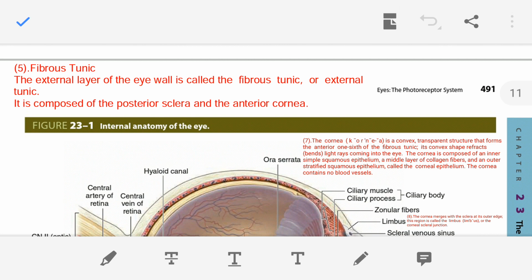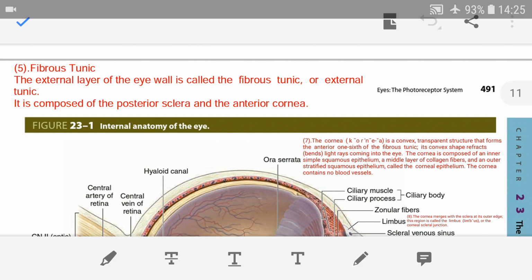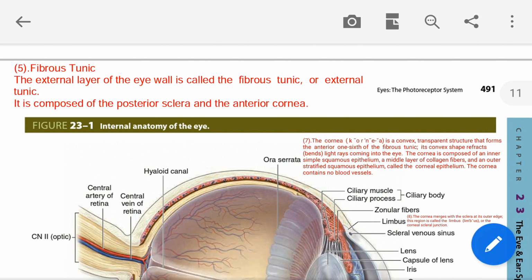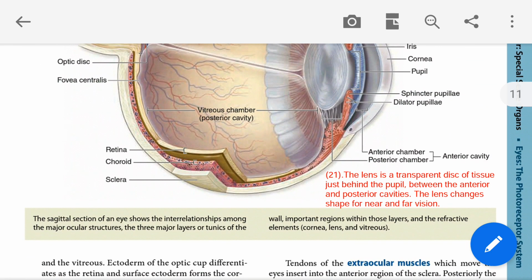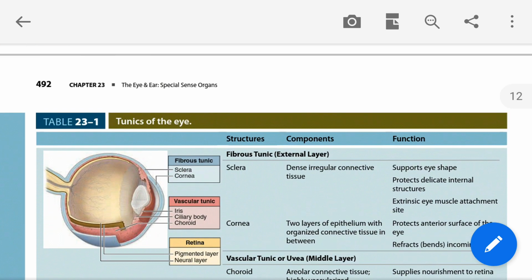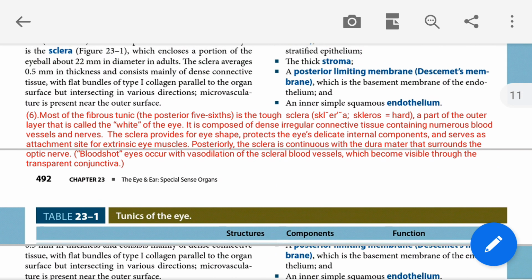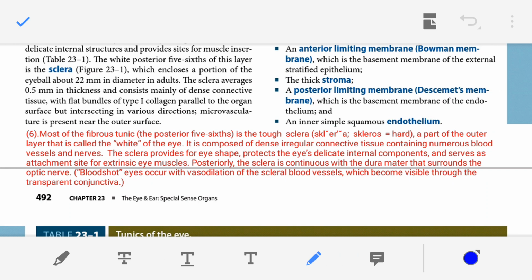Okay, so that was the fibrous tunic. Now we are moving forward. As we have seen the cornea and sclera, most of the fibrous tunic is tough sclera.